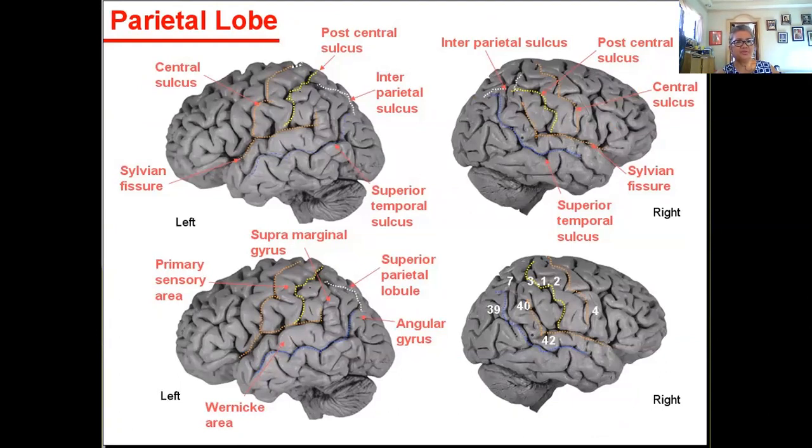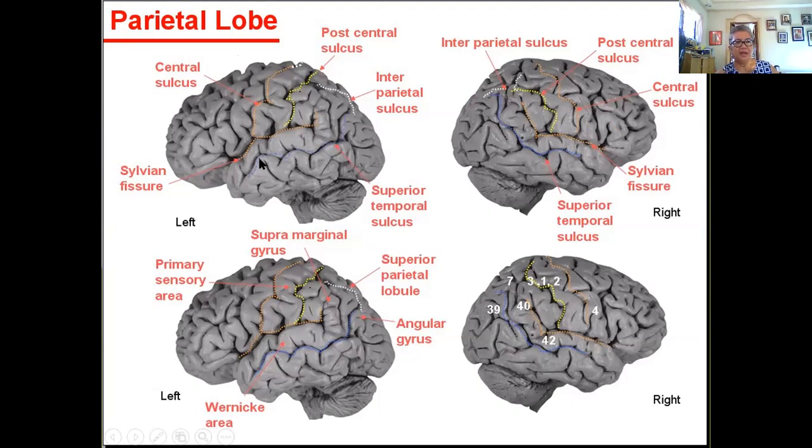And you have also to know the lateral sulcus of Sylvius so that you can delineate where is the temporal lobe, where is the parietal lobe, and where is the frontal lobe. Here, you can safely say that this is the occipital lobe.